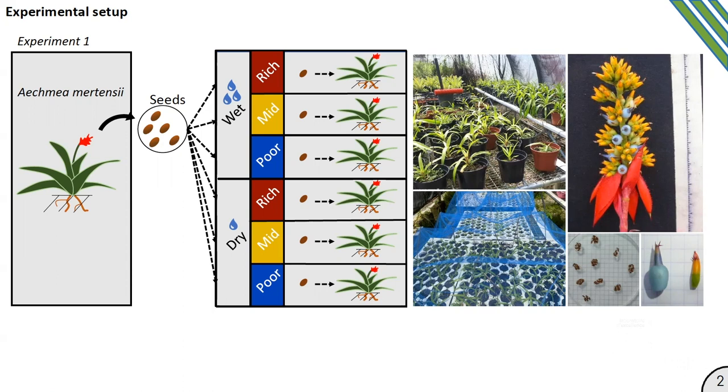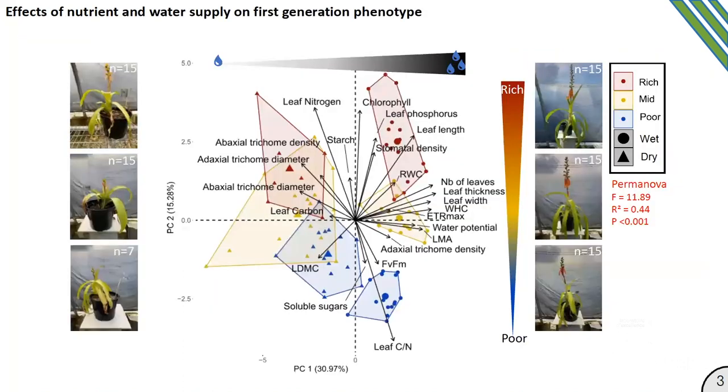When the plants flowered, we measured a bunch of traits, ecophysiological traits as well as chemistry, to characterize the response of our plants to the different environmental conditions. And here are the results. Don't be scared, I will walk you through this. Basically, this is a PCA on all the traits we measured. We have a nice discrimination along two different axes.